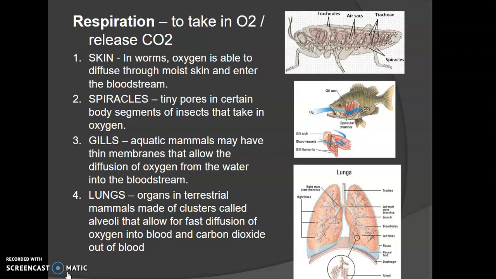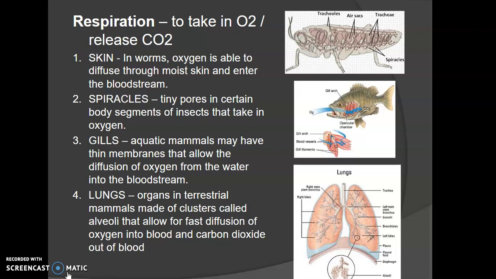Other animals like insects, look at the grasshopper picture up at the top, have tiny pores called spiracles in certain body segments. Those spiracles take in oxygen. So that grasshopper, it's not breathing through its nose, it's breathing through those little holes in its abdomen. So if you wanted to drown a grasshopper, you'd stick its butt underwater, not its head.